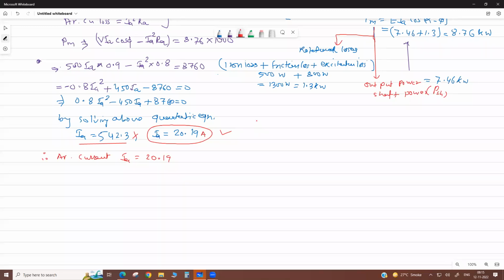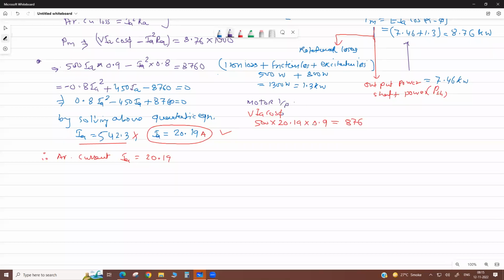Because if you multiply 500 into 20.19 into 0.9 power factor, VIA cos phi, it should give you the motor input. Just we check. Now we can calculate motor input.